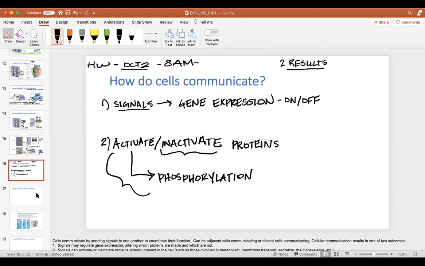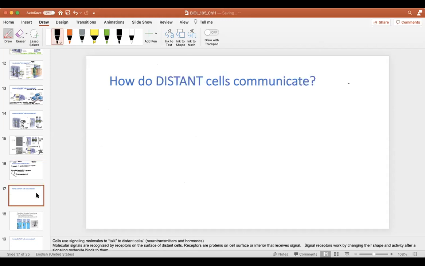So now let's think about how distant cells communicate. Okay, and in thinking about how distant cells communicate, it's got everything to do with cellular receptors. So first of all, distant cells are going to need to communicate using some molecules, right?